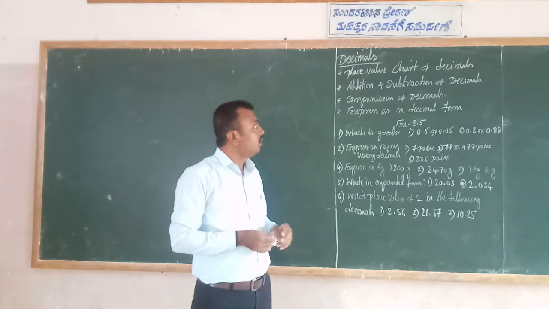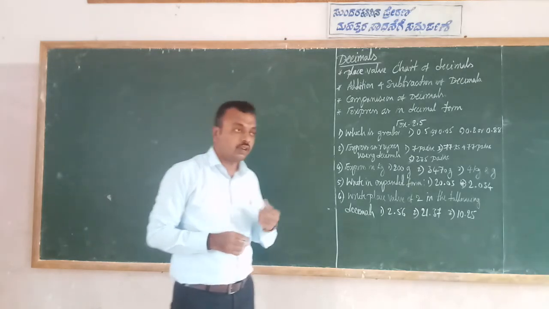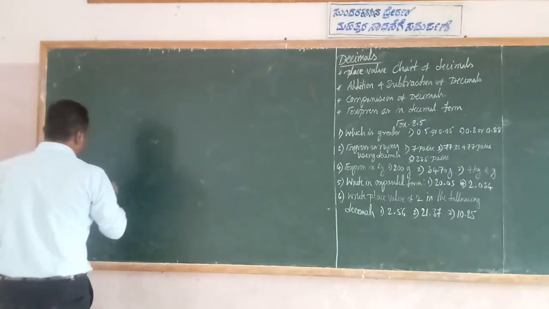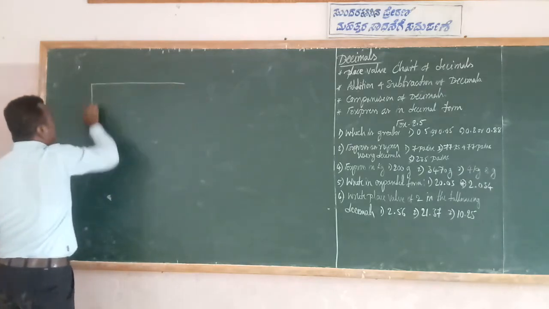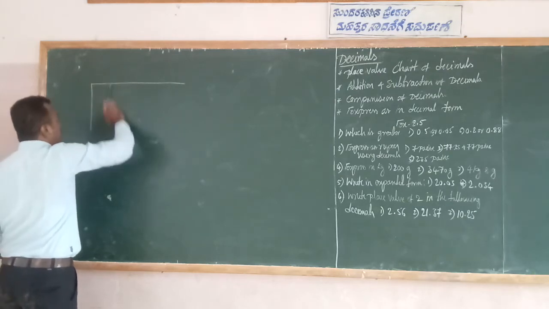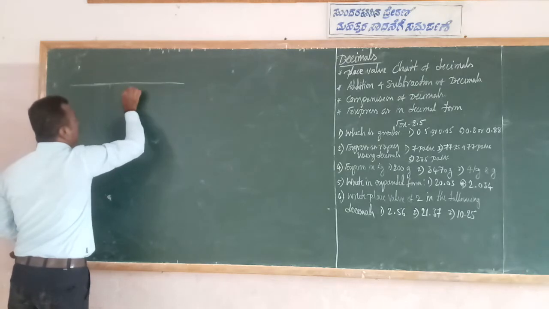In that, first we have to start with the place value chart of the decimals. We know that, but one more time we have to recall it. First, this is ones place.